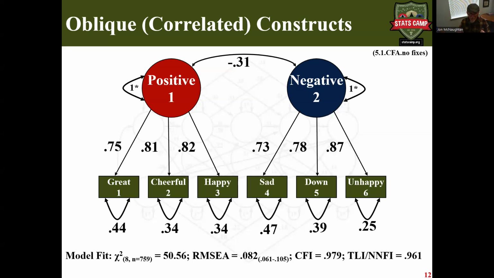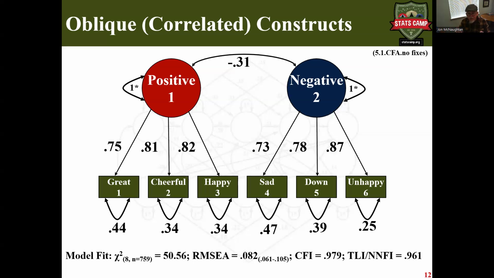So I have my chi-square on 8 degrees of freedom. My sample size in this case is 759. Chi-square is 50.56, which would be significantly different from 0. We don't really rely on that to evaluate model fit because of its sensitivity to sample size.